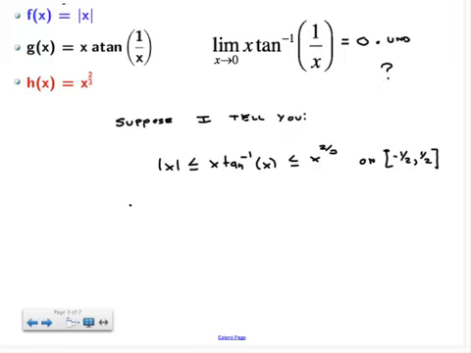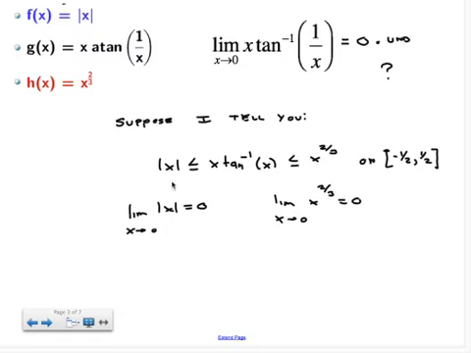So let's take a look here. What is the limit as x goes to 0 of the absolute value of x? Well, you do a plug-in and you get 0. What is the limit as x goes to 0 of x to the 2/3? We do a plug-in and we also get 0.